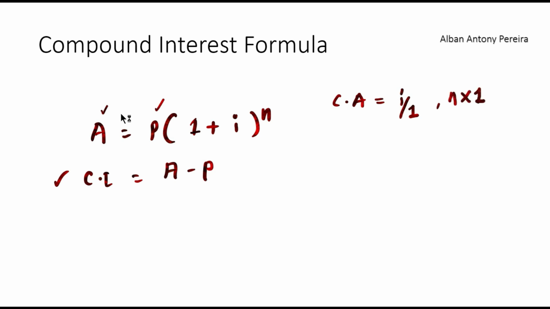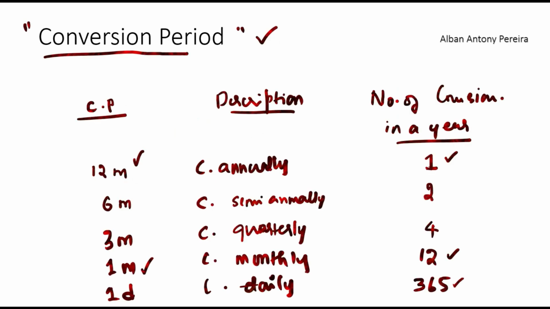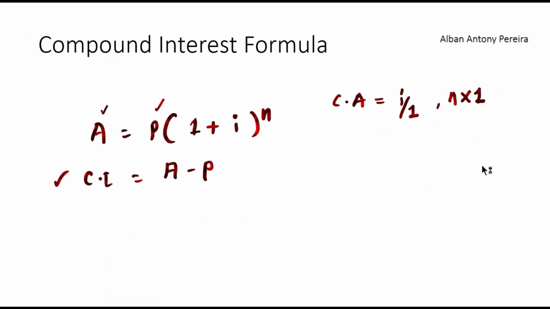You can see over here the number of conversions is 1 relating to compounded annually. Same effect you have to give here. Relating to I, you divide I by 1, and relating to N, you multiply N with 1. This effect you have to give if it is compounded annually.